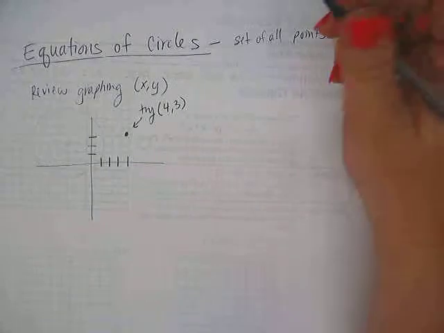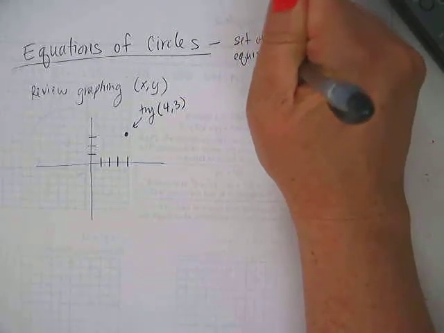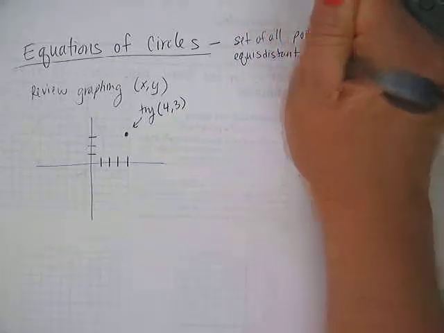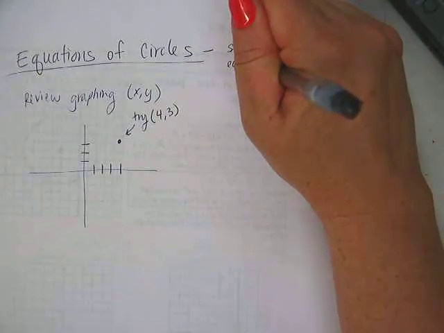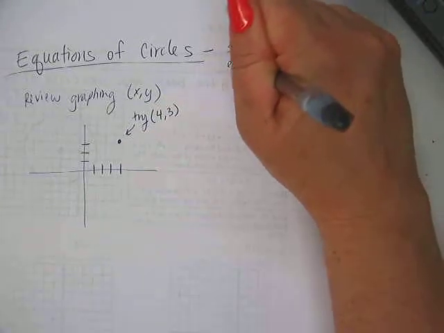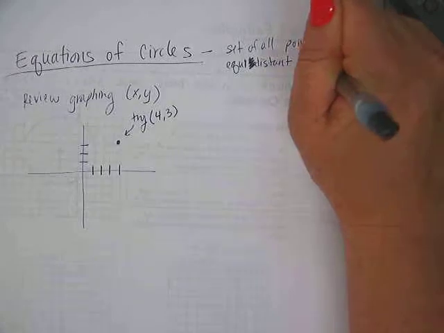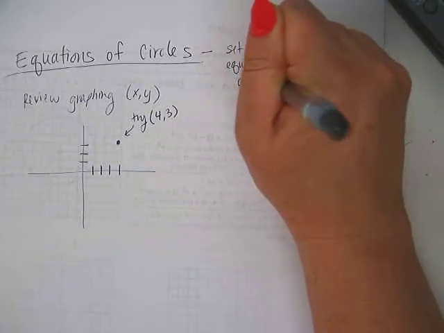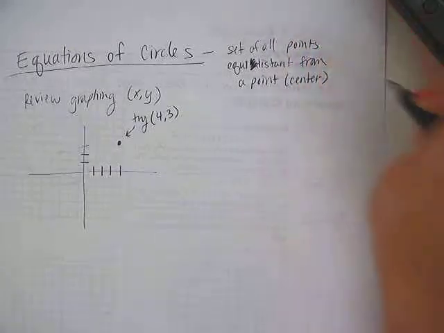You don't have to write this down again if you already have it on your notes somewhere. Set of all points equidistant from a point. I don't know if I even spelled that right. Equidistant. I think I put an extra S. Equidistant from a point called the center.